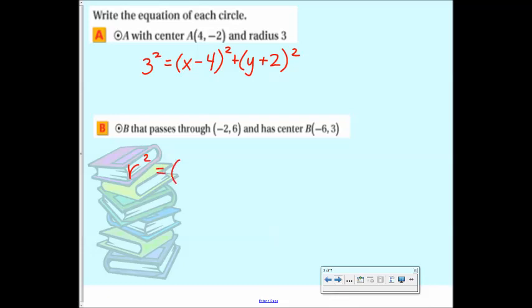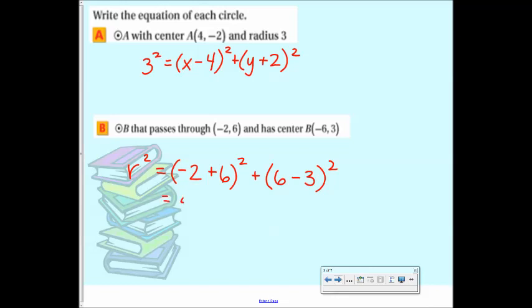So what's my first x? Okay, so it'd be negative 2 plus 6 squared, plus 6 squared. So again, we're plugging that in so that we can find the radius, because ultimately we need it to look like this.